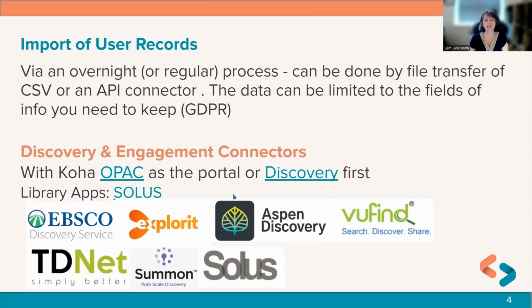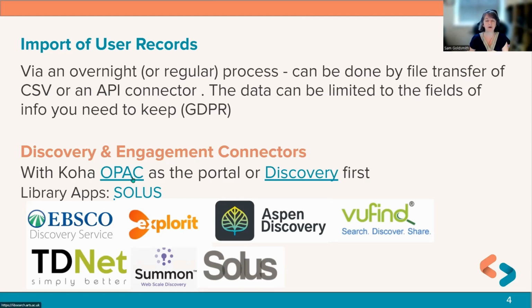Next, let's look at discovery and engagement. So we do a lot of this for our academic customers, joining up a discovery service or an engagement platform, which allows them to bring through many more of their subscriptions as well as their OPAC into one place. So I've got some examples here of the two ways that that can happen.